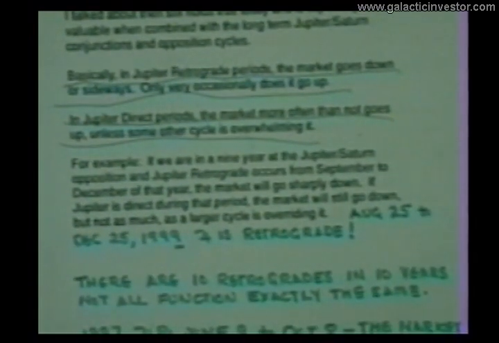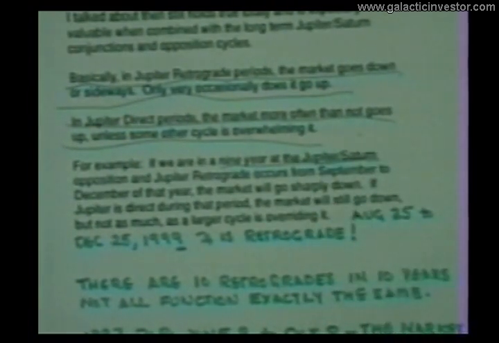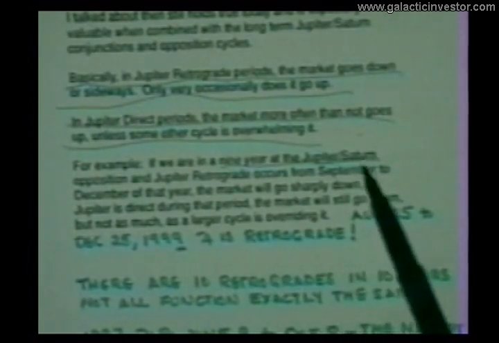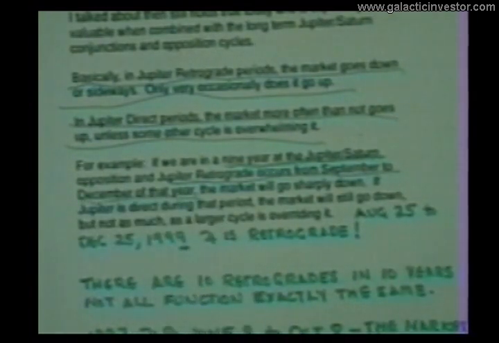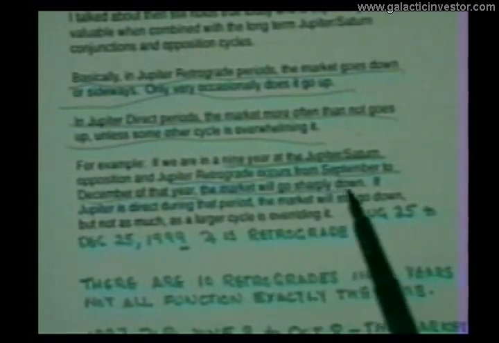So looking at this information, we can say this. For example, if we're in a 9-year at the Jupiter-Saturn conjunction, which we're coming up to and which will occur in 2000, if we cut it down into 10-year chunks, and the Jupiter retrograde occurs during the September to December period of that year, the market will go sharply down.